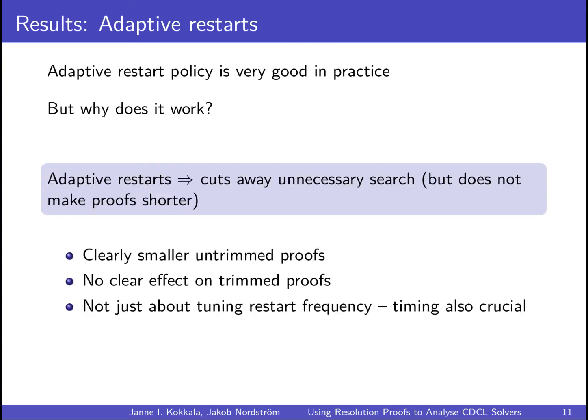And we find that adaptive restarts indeed seem to work by cutting away unnecessary search, just as the intention is. The trimmed proof sizes remain the same, so the solver seems to find the same proof, but the untrimmed proofs get smaller, which means that the solver does much less work.